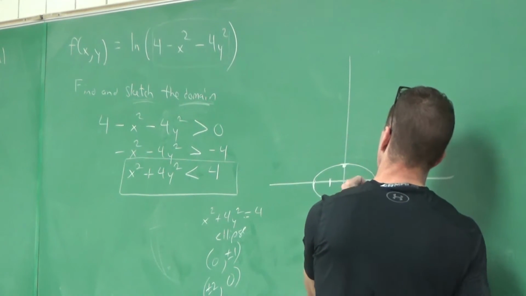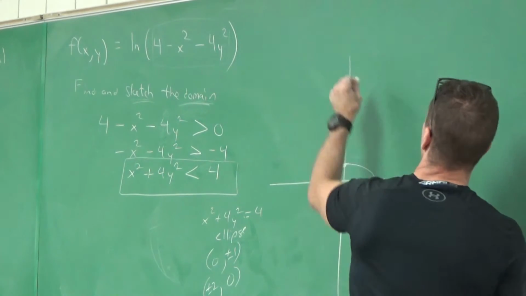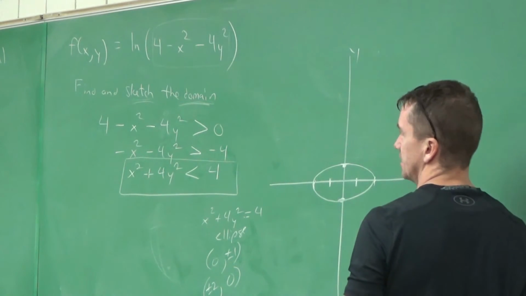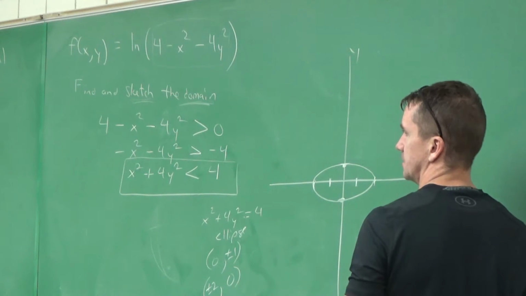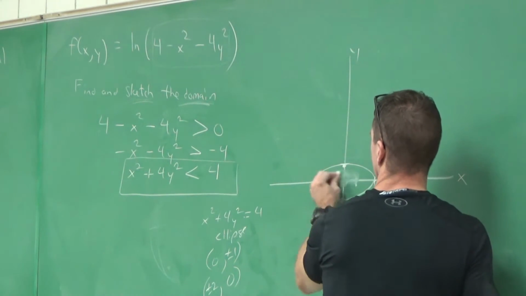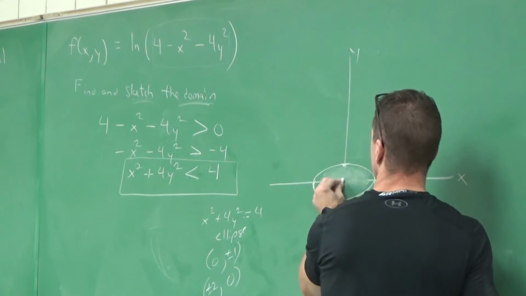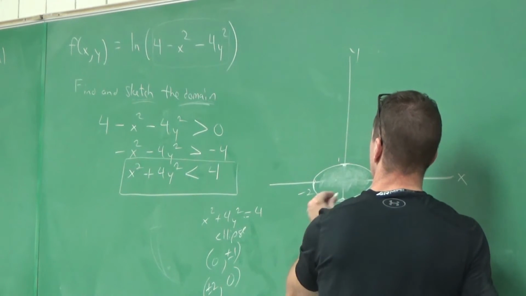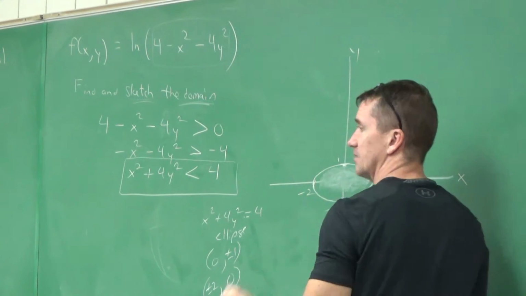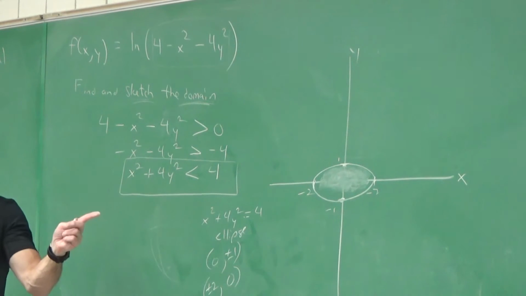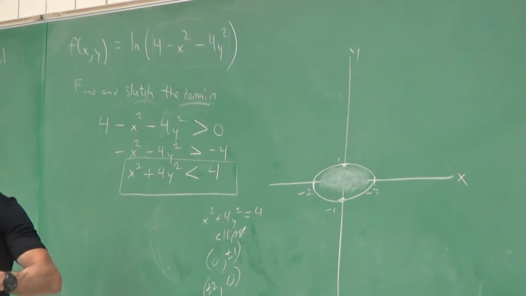And when we're sketching the domain of that multivariable function of x and y, where do I shade? In between. Because it's less than, I shade inside. There it is. This is negative 2. If you want to label these, that was 1, that's negative 1. It's not a rectangle. Sometimes on tests I get a rectangle. It is not a rectangle. That's the domain.